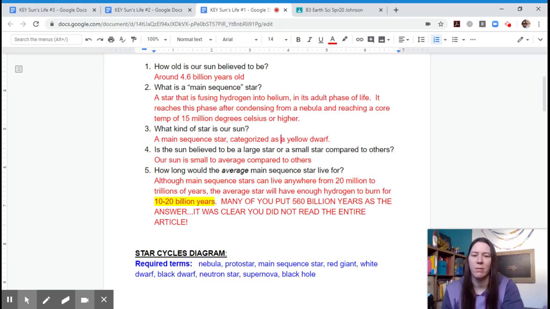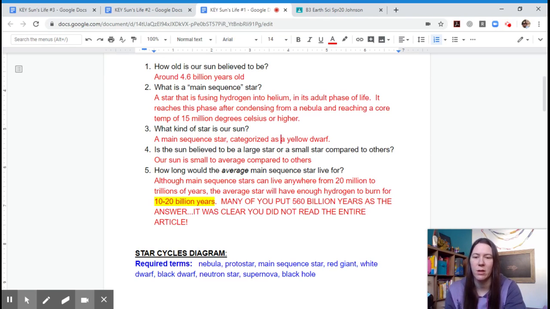But if you click on it and you read the article, it's really not what they were saying. Stars can live on the main sequence anywhere from about 20 million up to many, many billions to trillions of years. And that's totally dependent on how big they are and how much hydrogen they have.